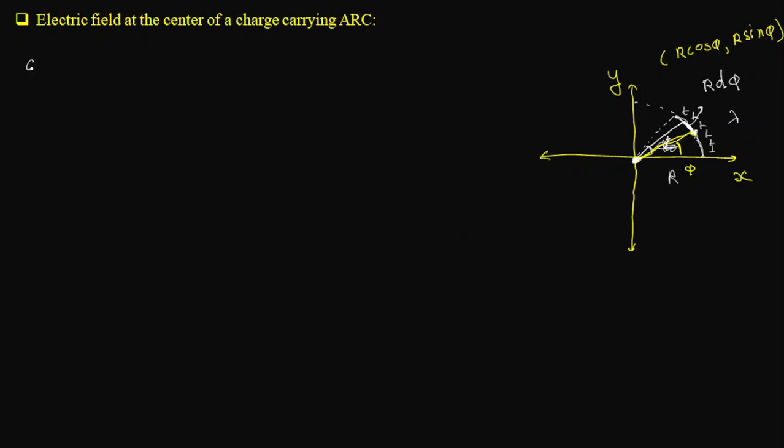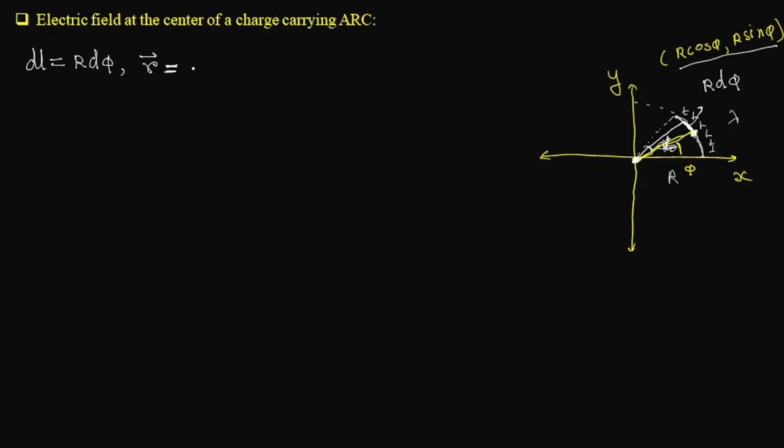We have elementary length dl equals r d phi, and then we have to write the r vector, that is the field coordinate with respect to the source coordinate. Here the field coordinate is the origin, 0, 0, and the source coordinate is r cos phi, r sin phi.